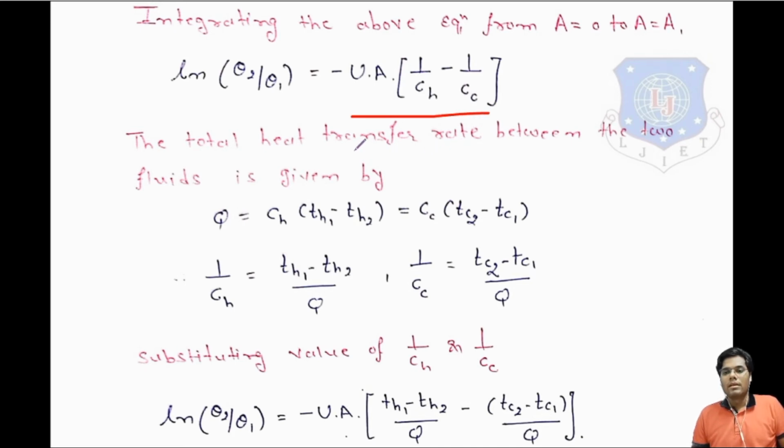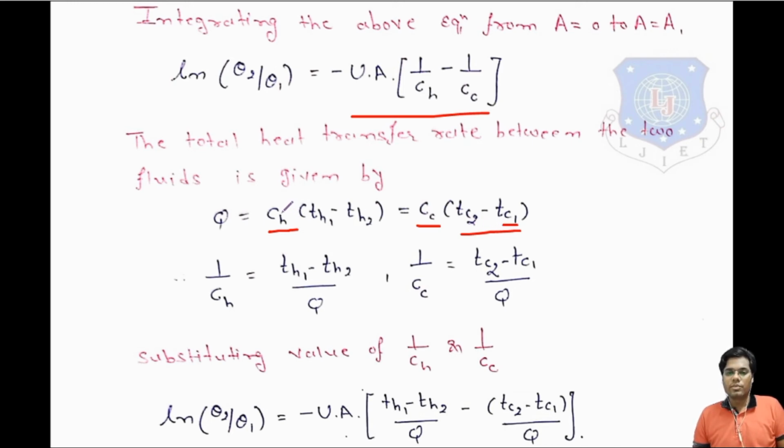Now the total heat transfer rate between the two fluids is given as Q equals Ch, the heat capacity, meaning mH CpH, times (Th1 minus Th2). Whatever heat is lost by the hot fluid is gained by the cold fluid, which is mC CpC, or we can write Cc (Tc2 minus Tc1), because the outlet temperature Tc2 is higher than the inlet temperature of the cold fluid Tc1.